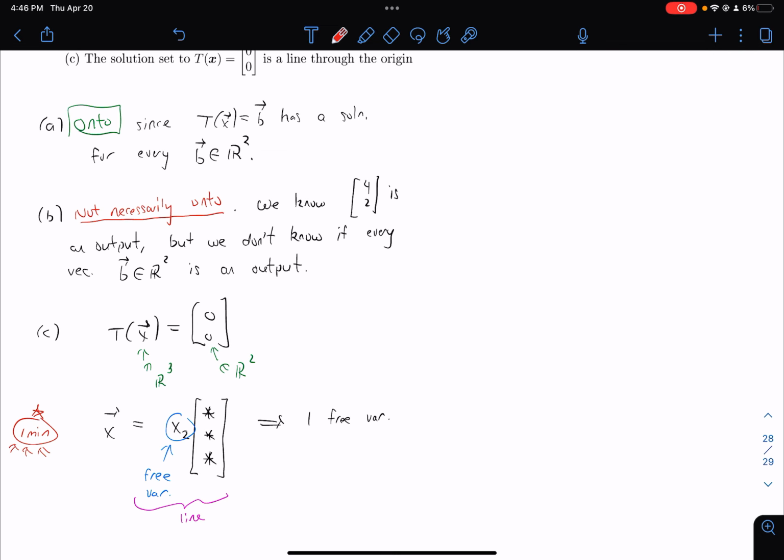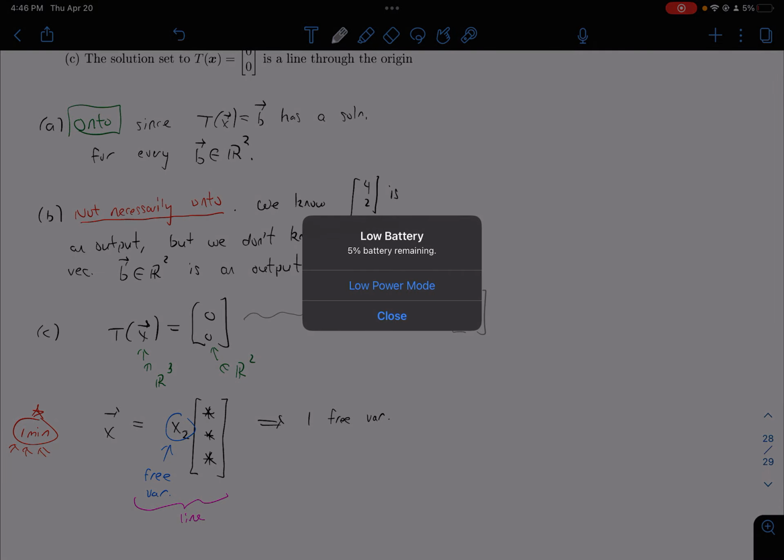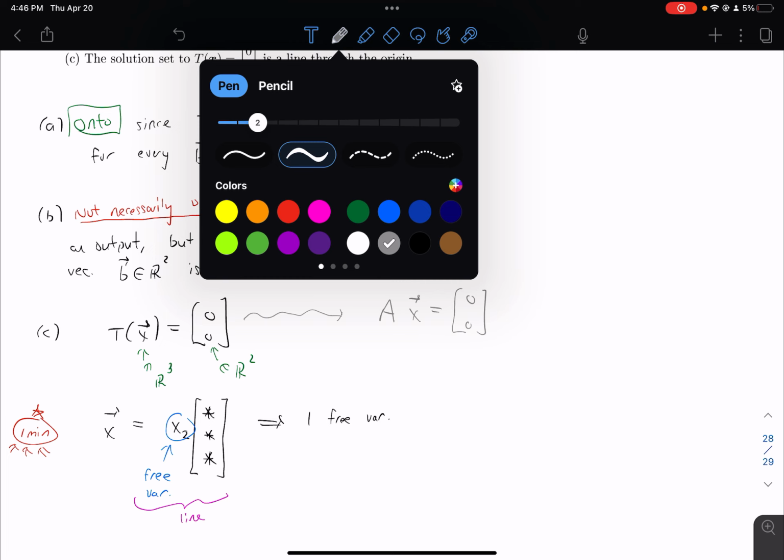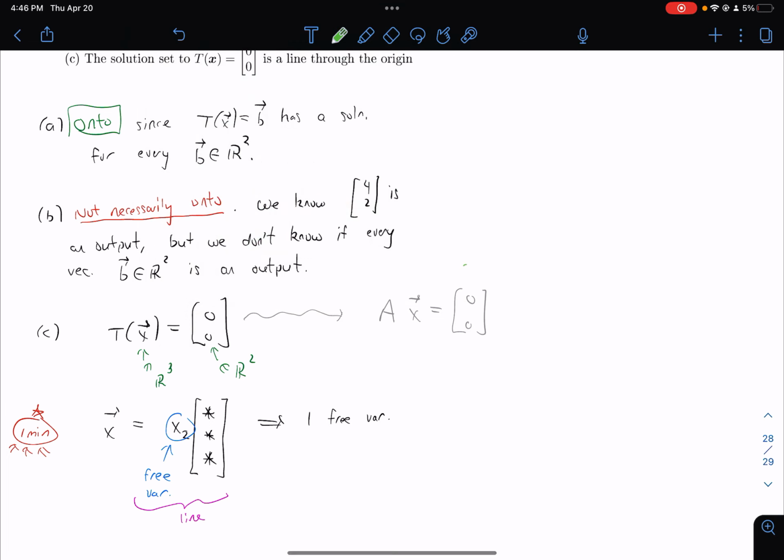Okay, so I got 1 free variable. It would be helpful to know how big the corresponding matrix is for this transformation. When I think about this equation, I could rewrite it as A times the vector x equals the vector 0, 0. Let's think about the sizes of everything. The vector that I'm getting out is a 2 by 1 vector, 2 entries, 1 column.